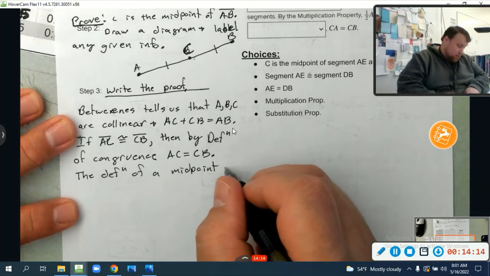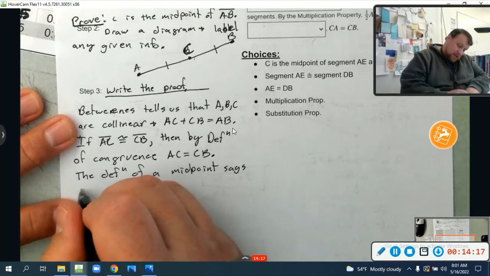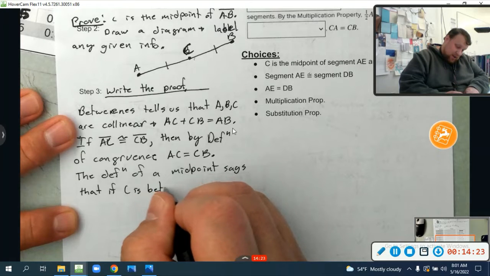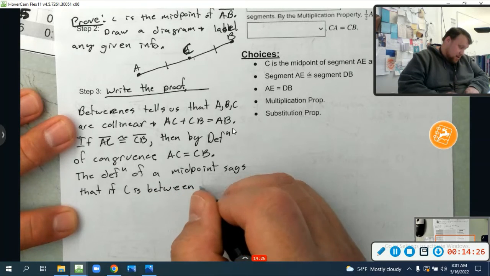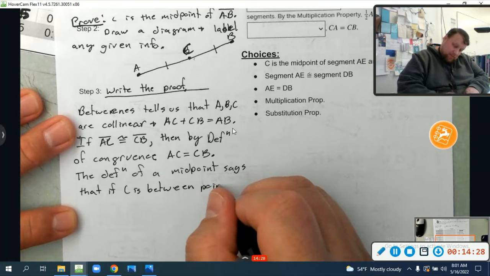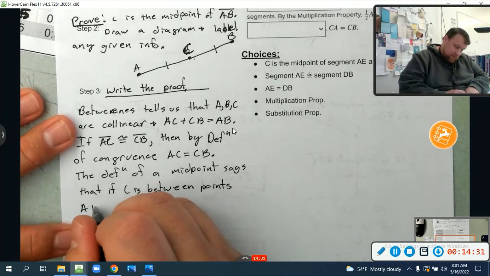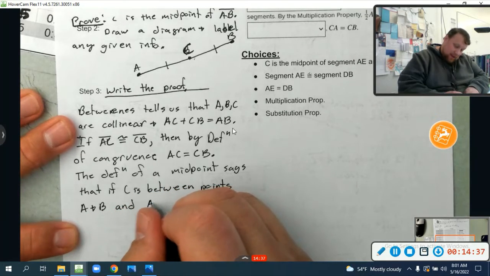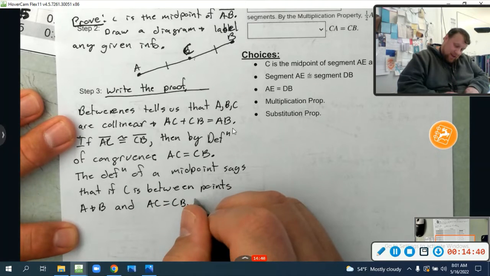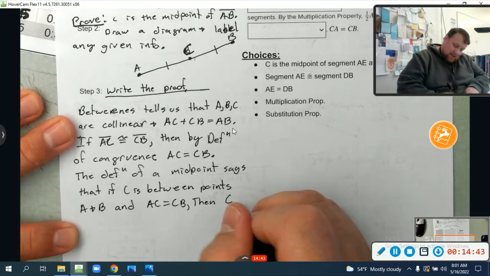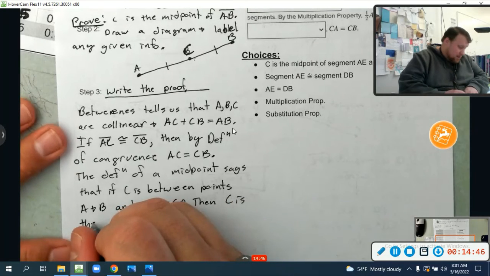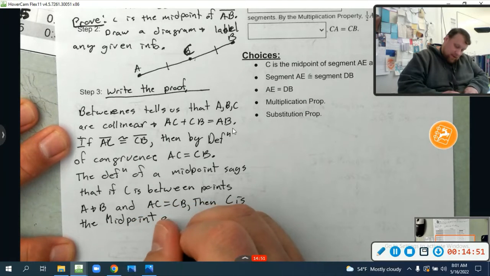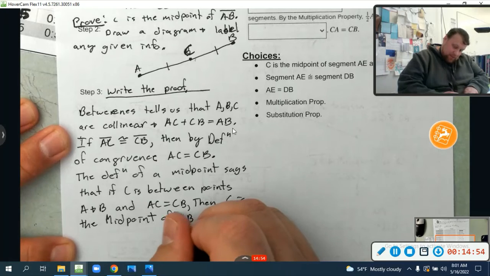So the definition of a midpoint says that if C is between points A and B, and AC equals CB, then C is the midpoint of segment AB. Boom. Look at that.